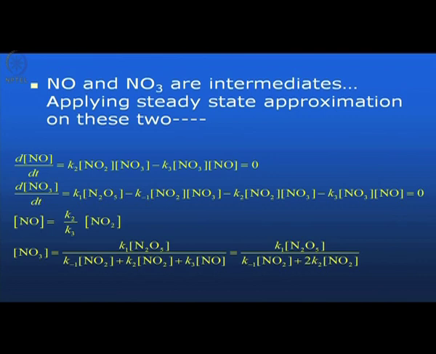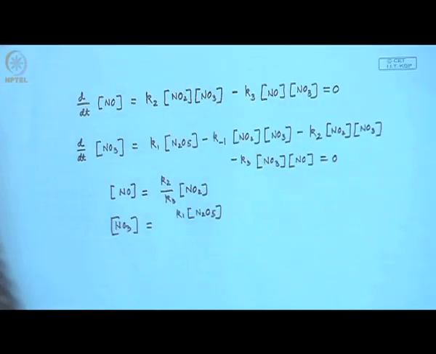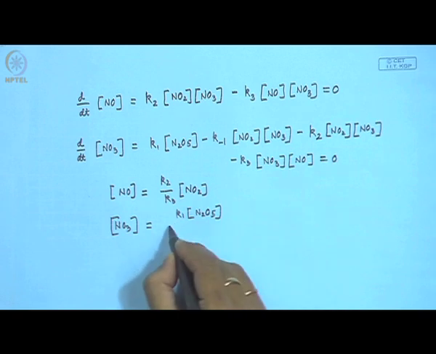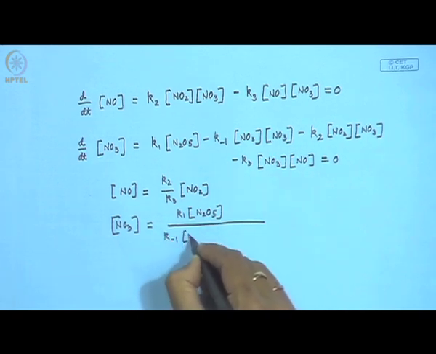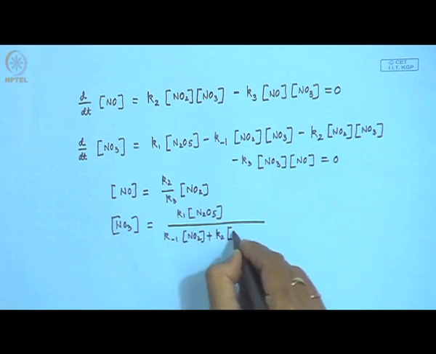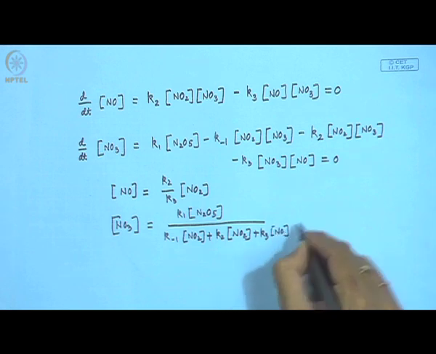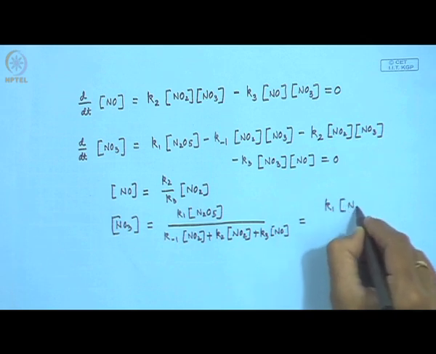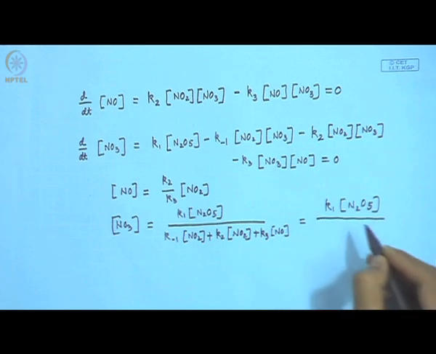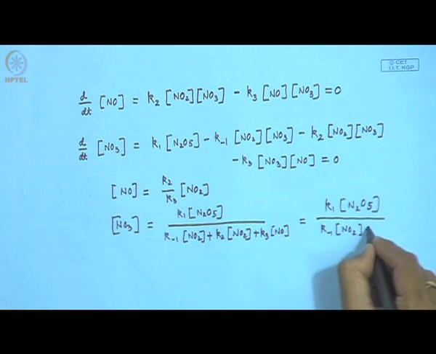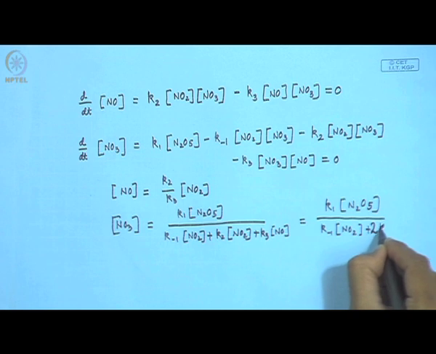And the concentration of NO3, it is a reactive intermediate, is equal to K1 N2O5 divided by K minus 1 NO2 plus K2 NO2 plus K3 NO, and that gives you K1 N2O5 divided by K minus 1 NO2 plus 2K2 NO2.